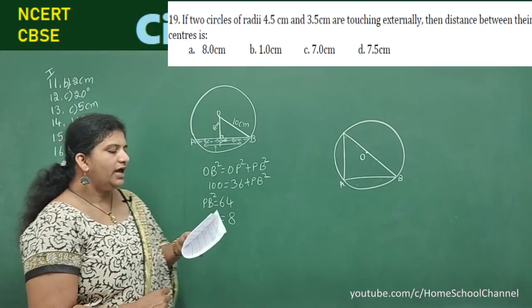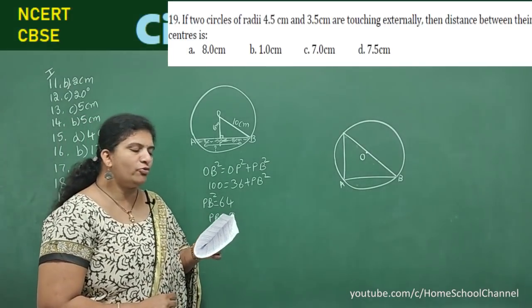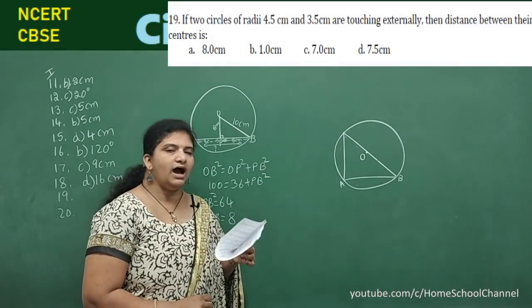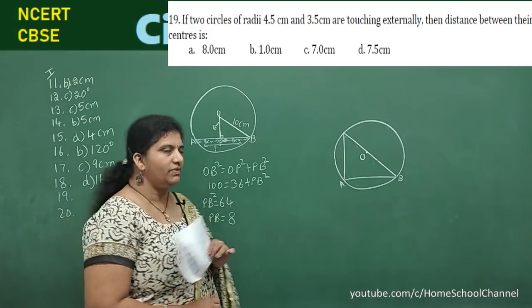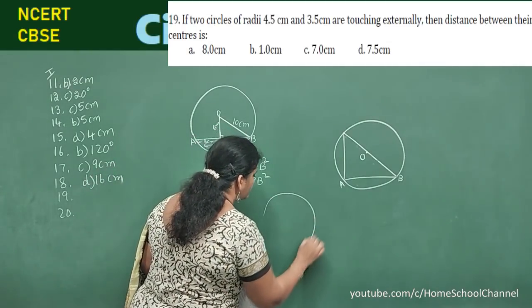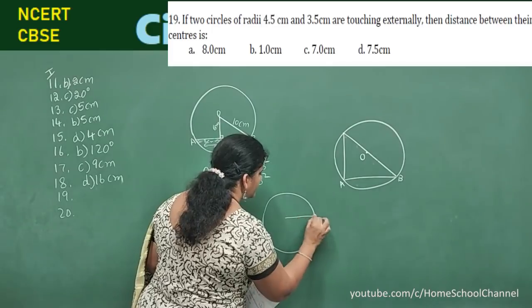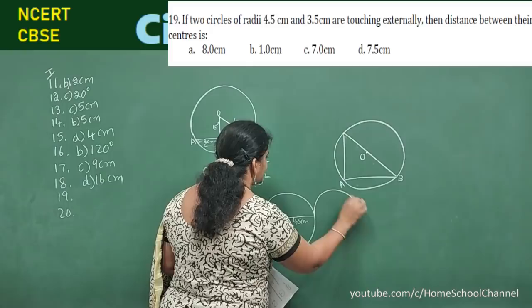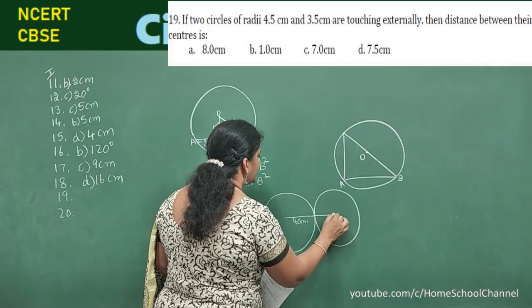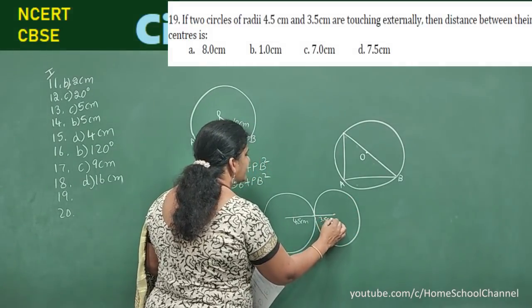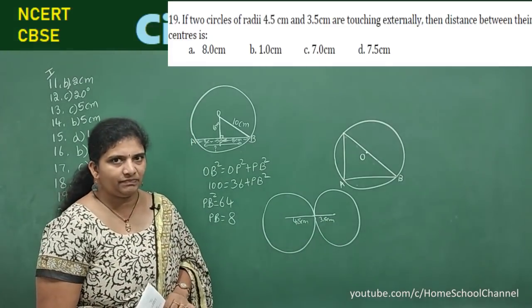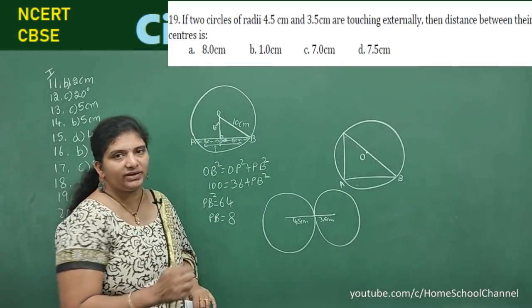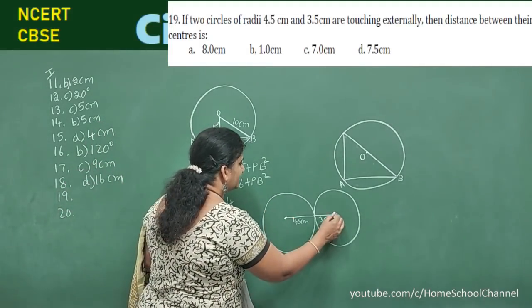19th one, if two circles of radii 4.5 centimeters and 3.5 centimeters are touching externally. Okay, let me draw two circles. This is the 4.5 centimeter circle and this is the 3.5 centimeter circle, touching externally like this only. So, what is the distance between their centers?